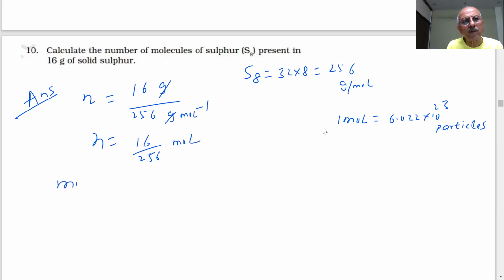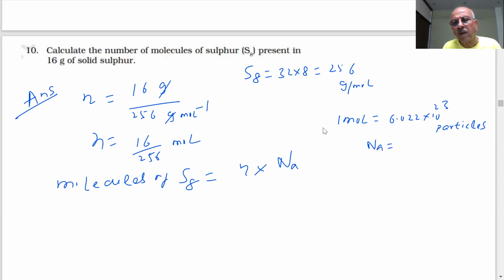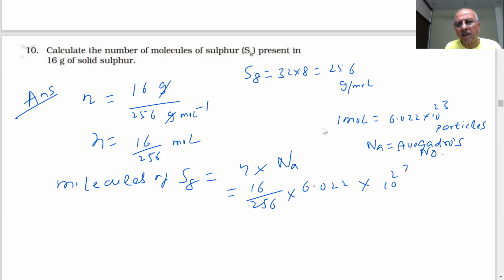Then how many molecules? n into Na. What is Na? Avogadro's number. What is that value? 6.022 into 16 by 256 into 10 power 23.